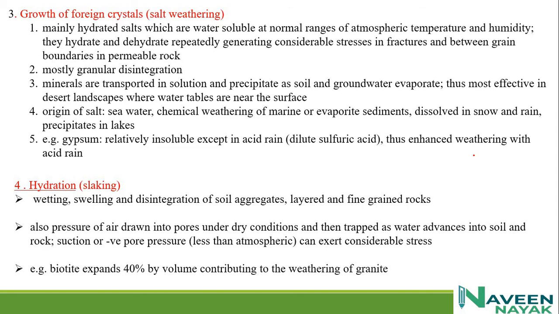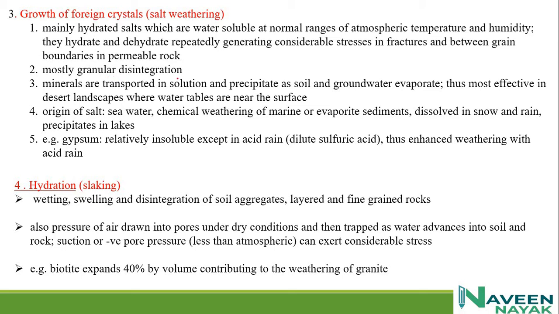Growth of foreign crystal material near seas and oceans, mainly hydrated salts, which are water soluble at the normal range of atmospheric temperature and humidity. They hydrate and dehydrate repeatedly, generating considerable stresses in fractures and between grain boundaries in permeable rock.